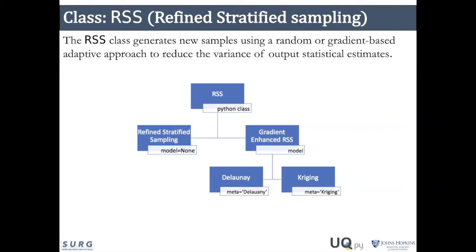The main difference in how we use them is that if we give a model, then the RSS class simply uses gradient enhanced refined stratified sampling. If we do not define a model, then it simply uses RSS. And since GE-RSS uses the gradient to reduce the variance, we have two approaches to compute the gradient: one is linear interpolation, and the second is a Kriging meta model.